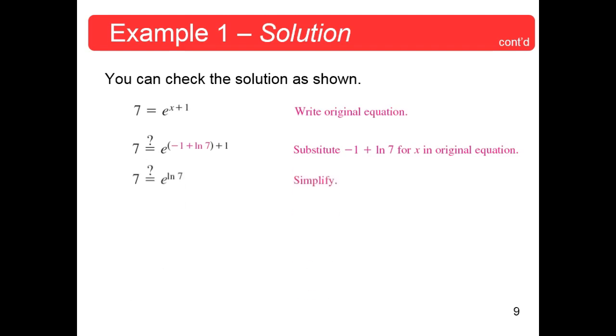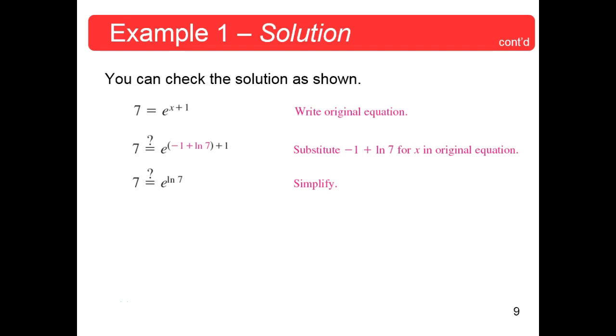Now, what they sort of skipped over here: an exponent, a base raised to a power, if that's a sum or a difference, that's the same as e to the log 7 minus... over e to the 1.